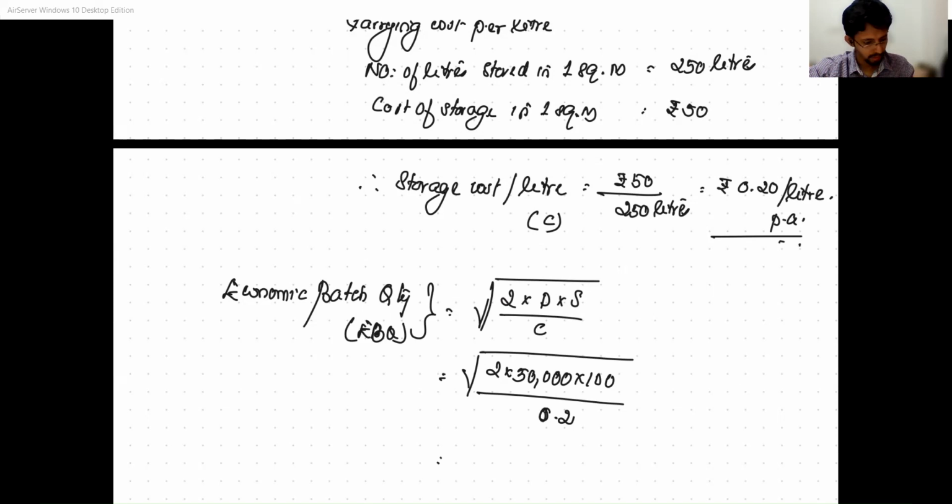I think 50,000 into 2 into 100 divided by 0.2. That comes to 5 crores, right?